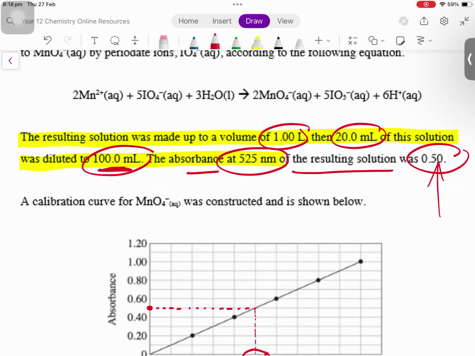Think of mass as amount. I have a certain amount of chemicals in 1 liter and I scoop 20 mils. Will my 20 mils have the same amount as before? Yes or no?